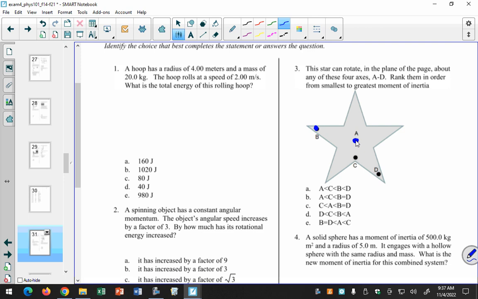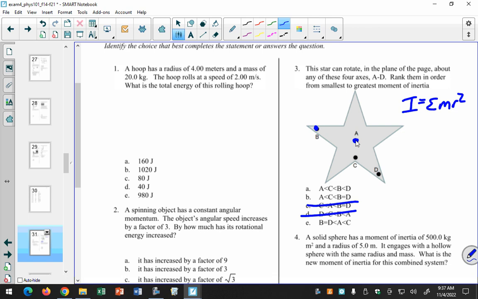Because we have this dependence on r that is quadratic, if I make r bigger, that makes I even bigger, right? If I double r, it quadruples I. And so I want r to be as big as possible in order to get a big moment of inertia. So I look for the biggest and the smallest. Since the smallest is A, that gets rid of these 3.